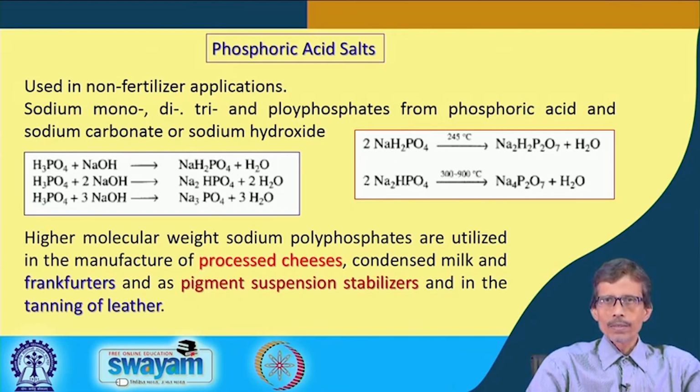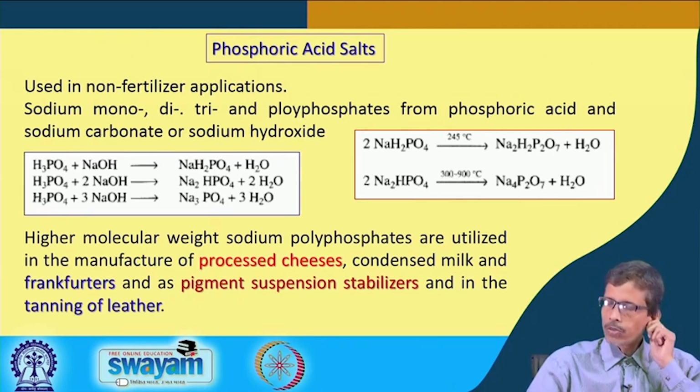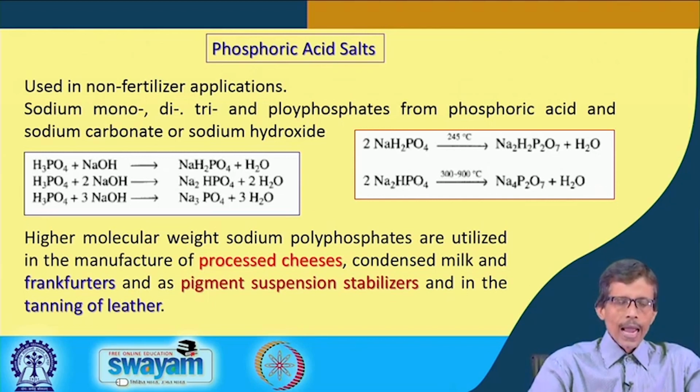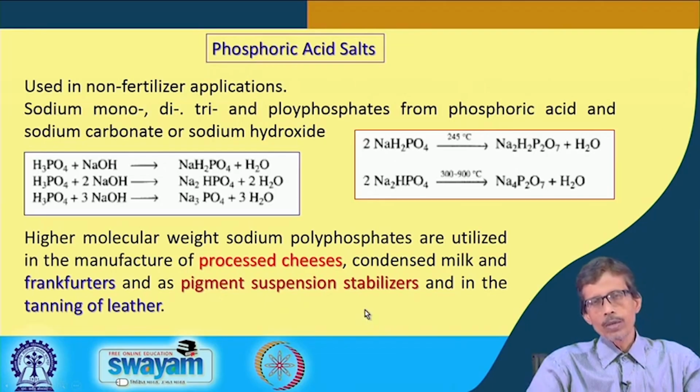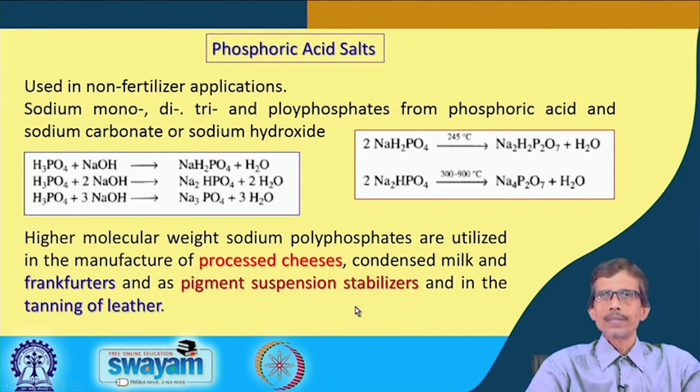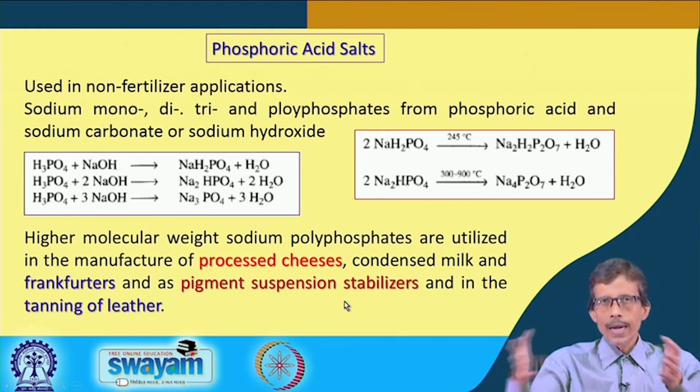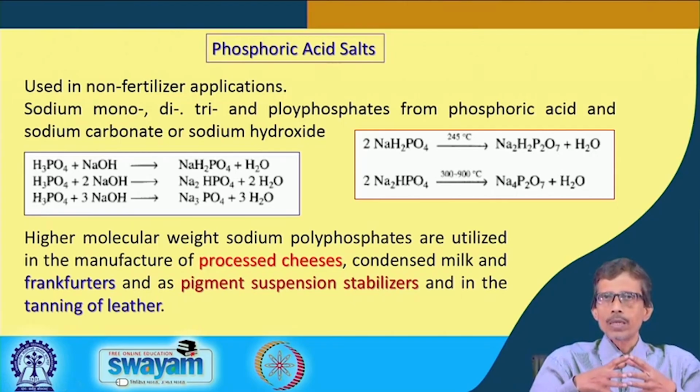Frankfurters, named after the German city of Frankfurt, are also a food material, and these phosphates serve as pigment suspension stabilizers. In all these cases, they are stabilizers. They stabilize that particular food material. That means cheese does not get degraded, and condensed milk remains condensed milk.